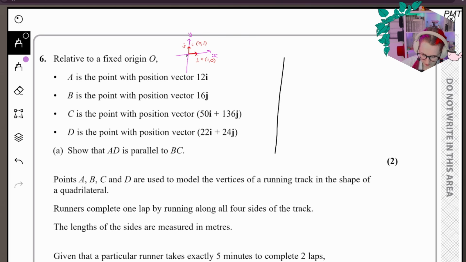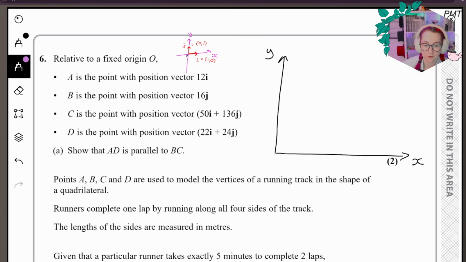So they're all positive, so I'm just going to leave myself space here. So we have 12i. Let's put it there. B is 16j. 50i, so maybe 3 of those, and 136j, so that's going to be up here somewhere.